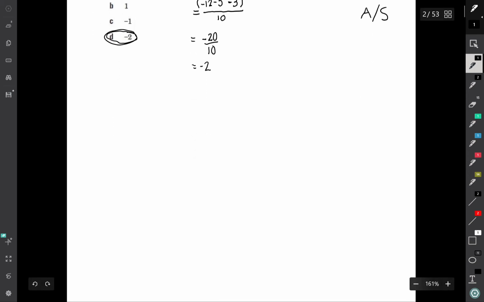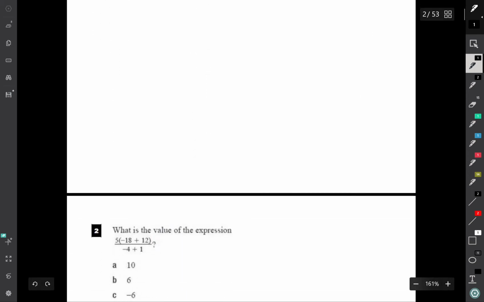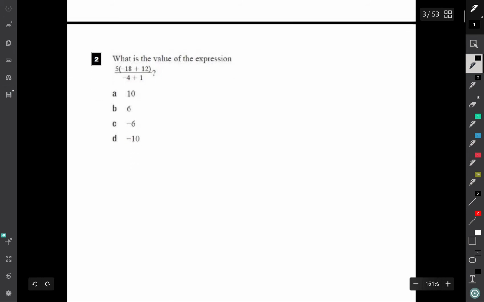Let's move on to question number 2. So again, this is order of operations. In this expression, we have 5 times -18 plus 12. We have -18 plus 12 in the bracket. We know that we have to simplify in the bracket first, so that's what I'm going to do.